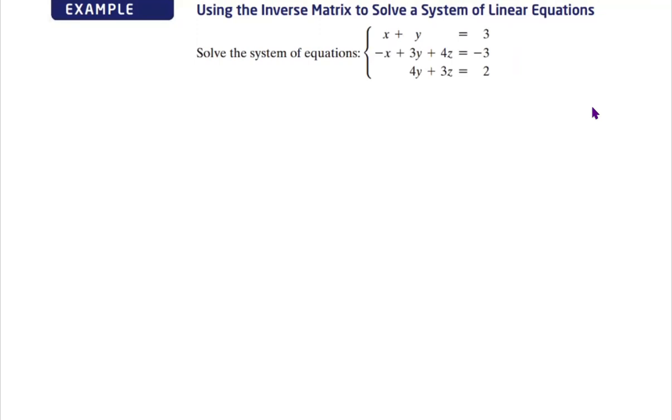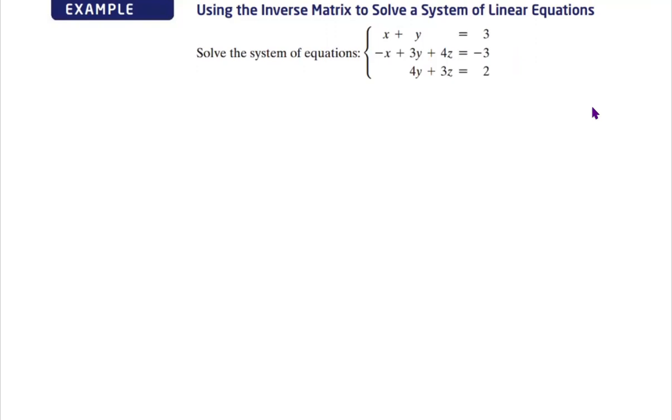First, make sure you write this system as an echelon matrix, and then you would solve it. So let's go ahead and write the matrix of the system and then the echelon matrix and find the inverse.